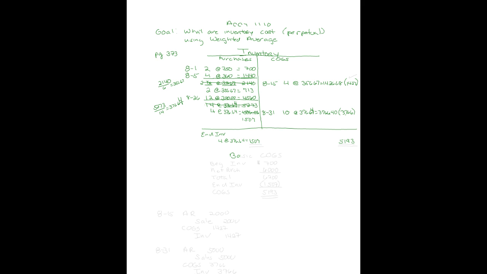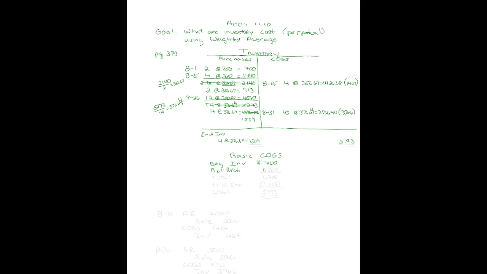Let's do our basic cost of goods sold calculation and see if it works right. Remember, in beginning inventory, we had 2 units at 350. That totals $700. Then we had net purchases. We had a purchase on August 5th of 4 units for 1,440, and a purchase on August 26th, 4,560.